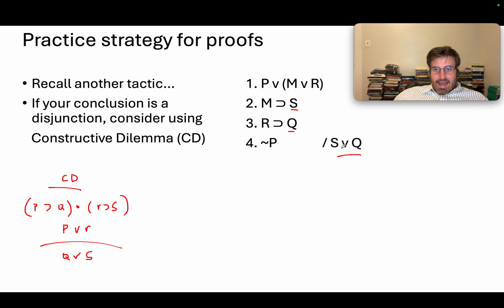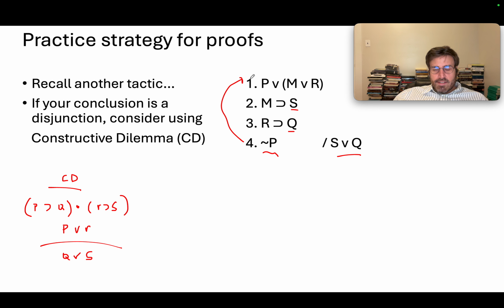If S or Q is appearing as the consequence of 2 conditionals, that's a pretty good indicator to us that the constructive dilemma will be necessary, because the conclusion of constructive dilemma is the disjunction of consequence Q or S, right?